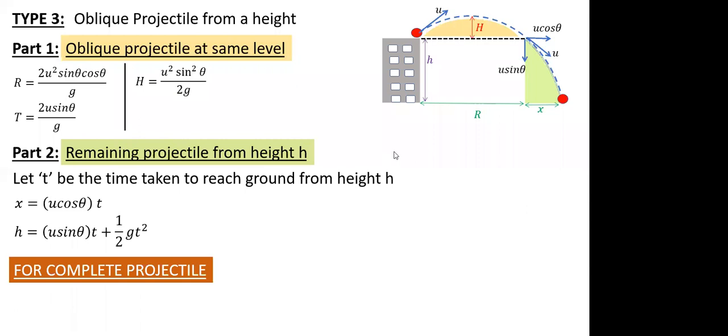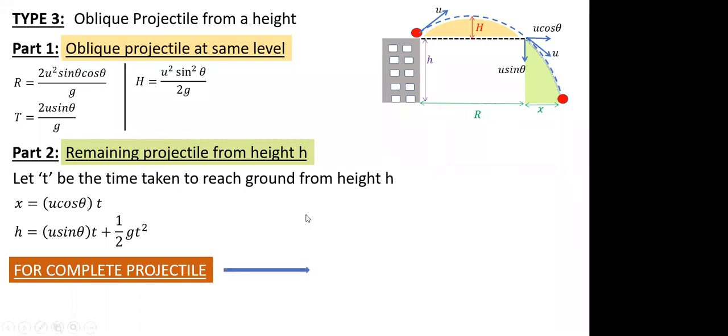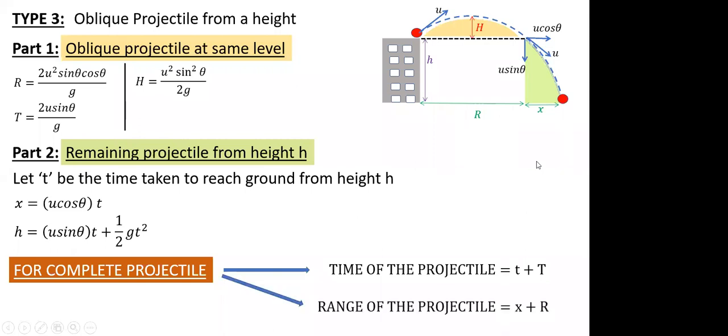So for the complete projectile, once I calculate all the values, my time of flight will be small t plus capital T, because capital T was the time of flight for the upper projectile and small t for the remaining projectile below the level. Second, the range of the complete projectile will be capital R for the upper part and x for the remaining.